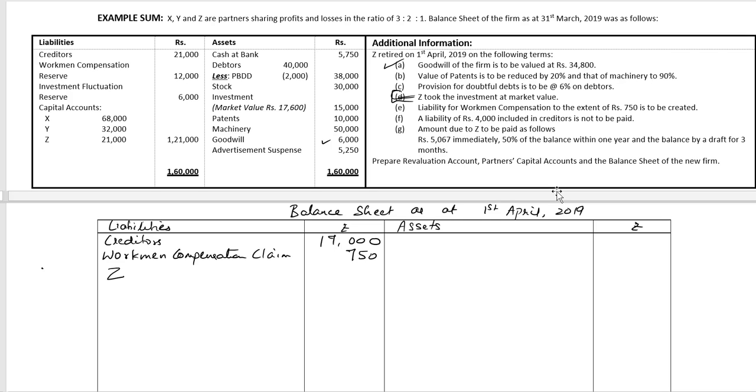There was a loan payable to partner Z, which was 2,500 rupees. Bills payable accepted by X and Y in Z's favor is rupees 2,500. The investment fluctuation reserve was distributed, so it will not appear again.